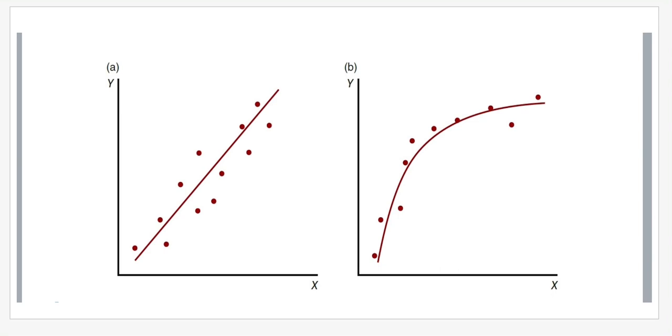An example here is practice and performance. When you first start practicing something, your performance is going to increase dramatically, right? So the x-axis would be the amount of practice. Your y variable would be performance.